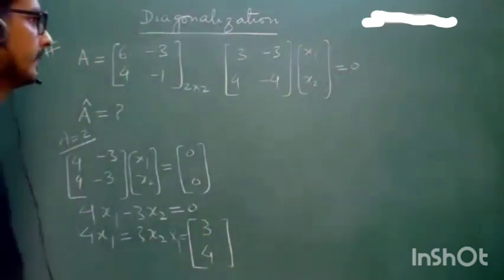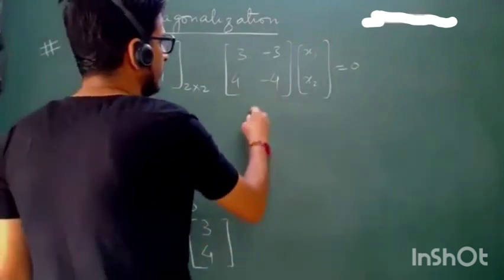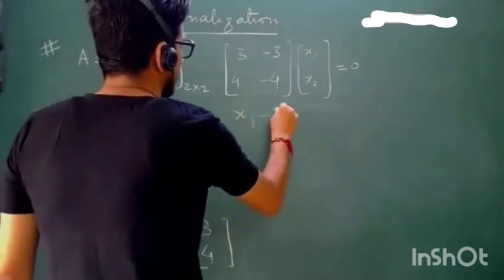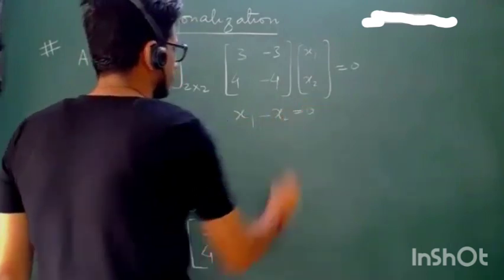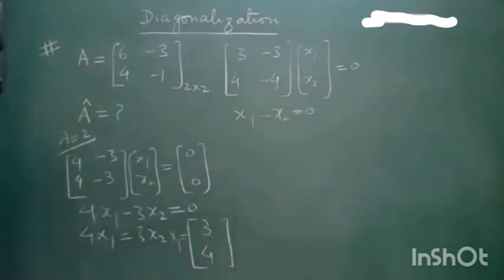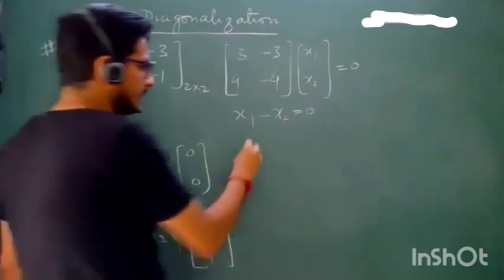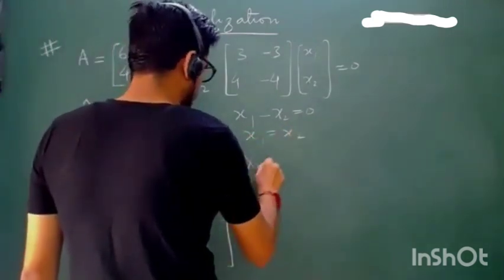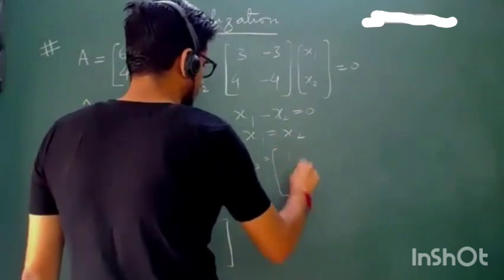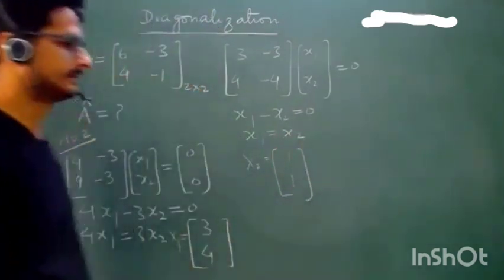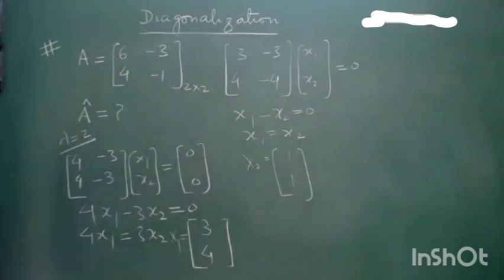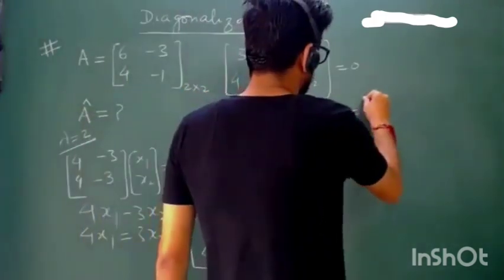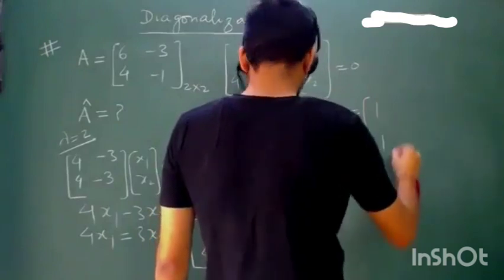Okay? So these are also the same equations. So x1 minus x2 is equal to 0. Please see this. So x1 becomes equal to x2. So this second vector is like this, 1, 1. Correct? Yes, sir. So I can take a P matrix like this, 1, 1, 3, 4.